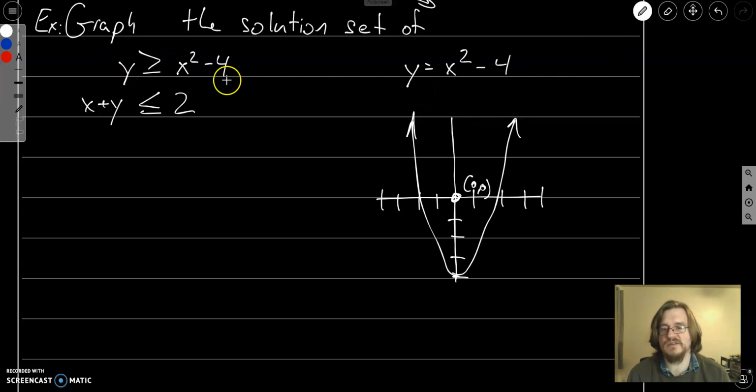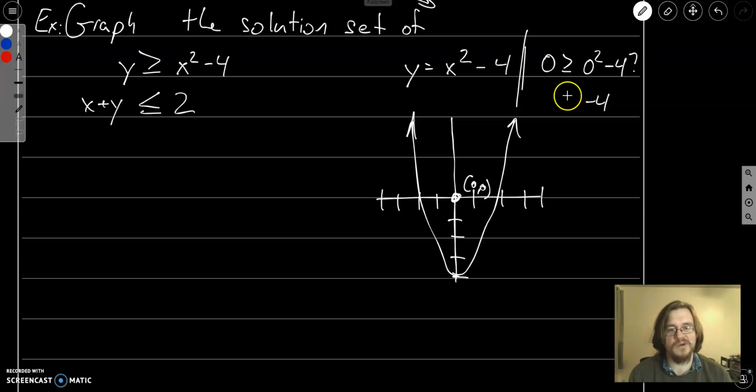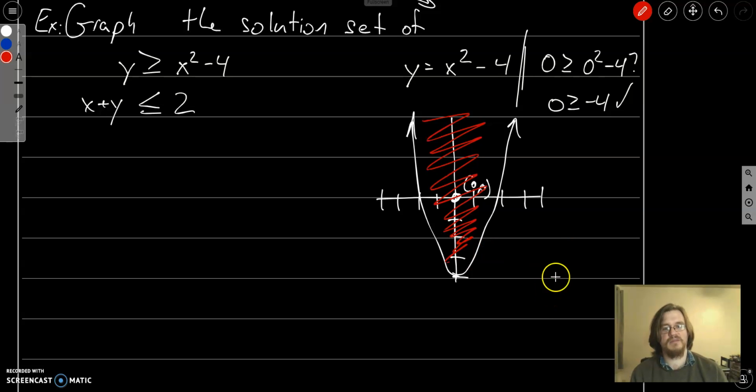So if I take 0, is that greater than or equal to 0 squared minus 4? Well, 0 squared minus 4, that's negative 4. And 0 is in fact bigger than every negative number. So we are going to shade where our test point is because we succeeded, and it's going to be all the way in here. Perfect. So we have graphed our y is greater than or equal to x squared minus 4.